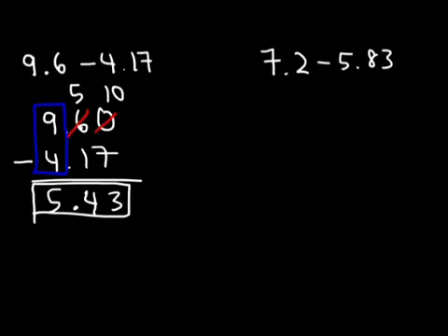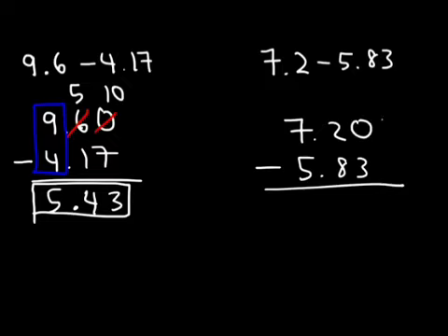So let's do the same for this example. So let's begin by adding a 0. Once again, we're going to have to borrow a 1 from 2. So this is going to be 1, and the 0 is going to become a 10. So now let's subtract 10 by 3. So 10 minus 3 is 7.